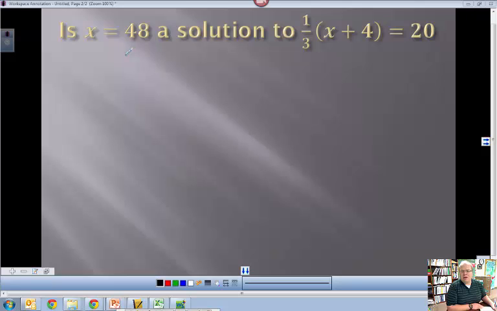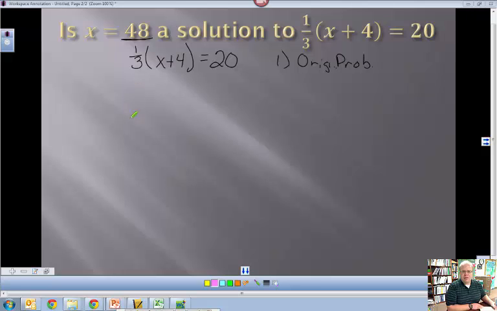So all you're going to have to do is go through pretty much the same process as we had before. Step one: I'm going to write the original problem. What is the original problem? I'm going to write it out. Now, step two, for these types of problems, is I'm going to substitute this variable in. If I look at my problem now, this variable is going to go right here.